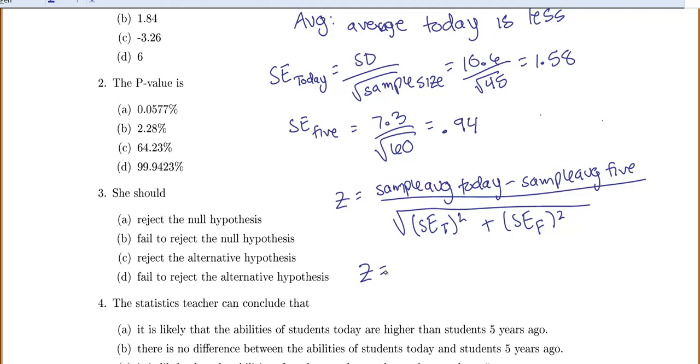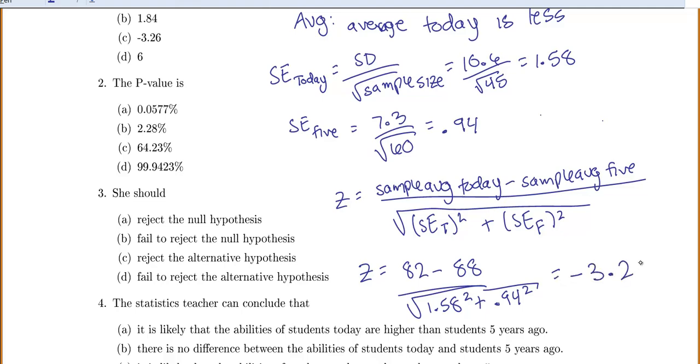My sample average today is 82, minus average 5 years ago was 88. Square root, and my standard errors are 1.58, so I'll square that, and 0.94, and I'll square that as well. So negative 3.26.